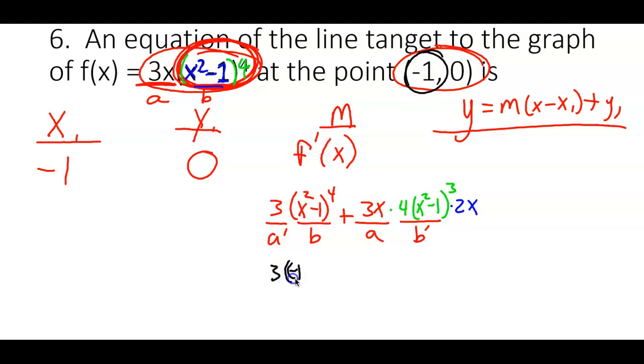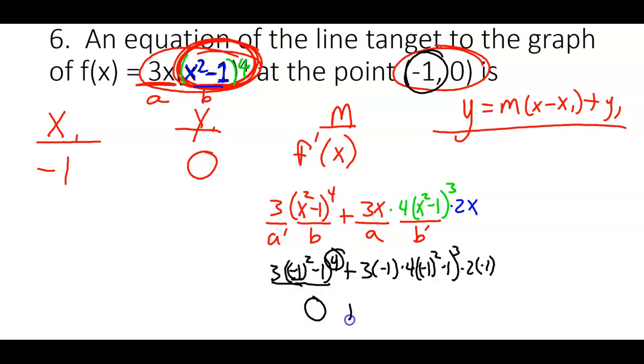So here we go. All right. So negative 1 squared is 1, and 1 minus 1 is 0, and 0 to the 4th power is 0, times 3 is 0, so that whole thing just becomes 0.